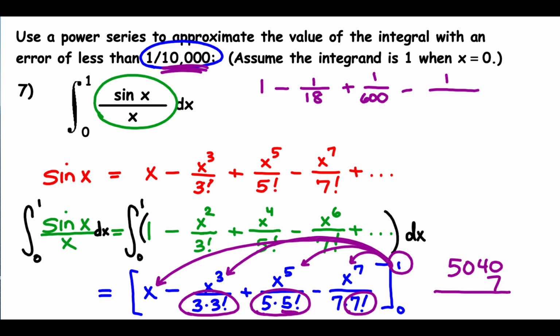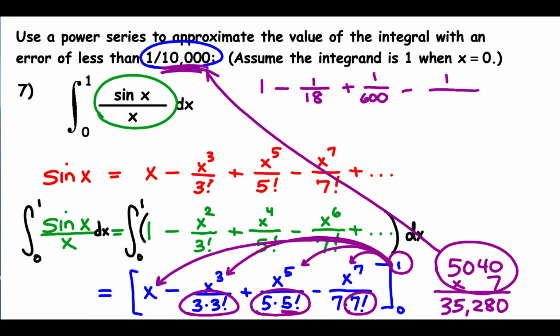If you multiply that by the 7 that's in front, you're going to get 35,280. And I think you could probably tell that even if you had multiplied by 2 instead of 7, you'd already be safely past the 10,000 in the denominator. So we're good. So we don't need that last term.